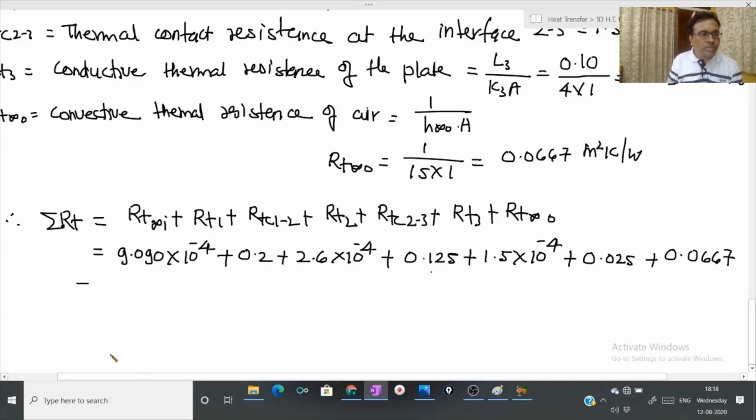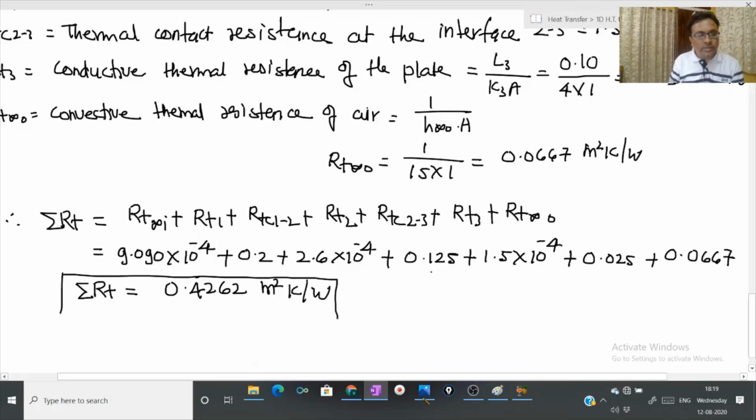So this comes out, total value comes out 0.4262 meter square Kelvin per watt. Let us highlight this value because this is required many times.